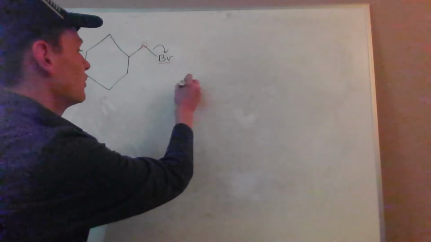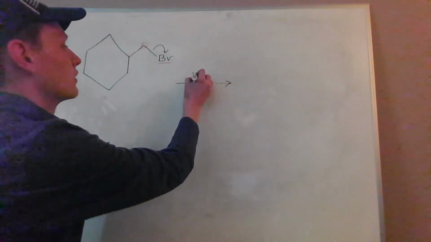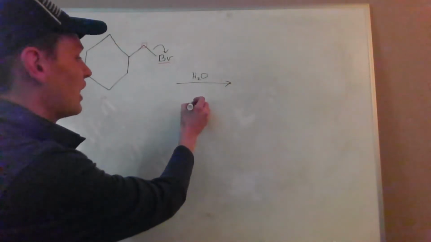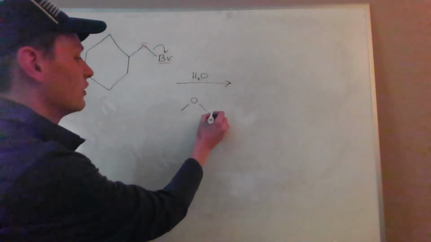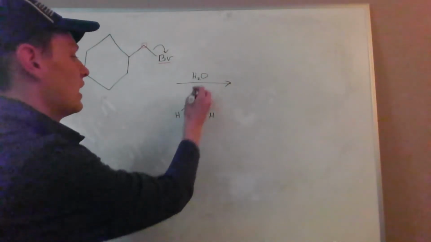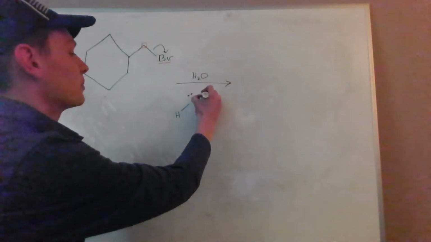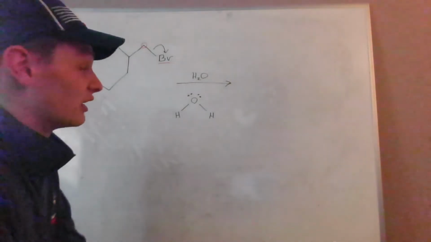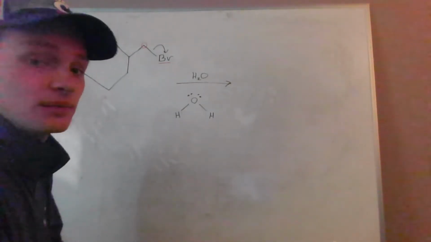Okay, but what if we had something like water, right? Well, obviously this oxygen now has 2 protons, and it doesn't have any negative charge, so it's probably not a strong nucleophile, and it certainly isn't a strong base because it's water.